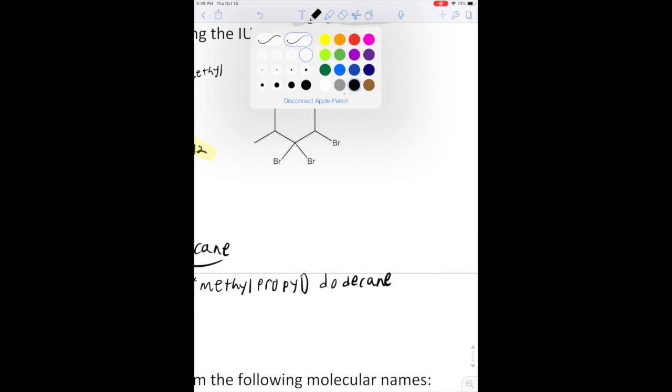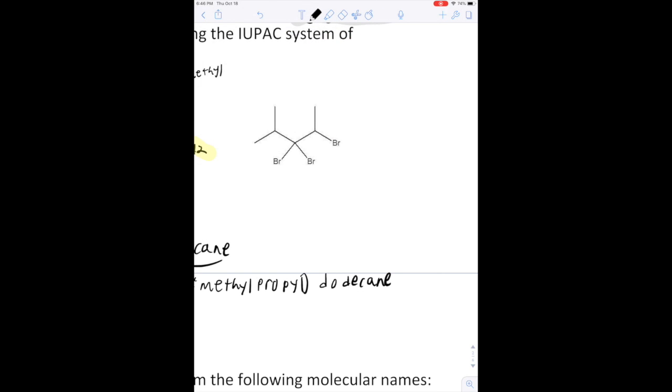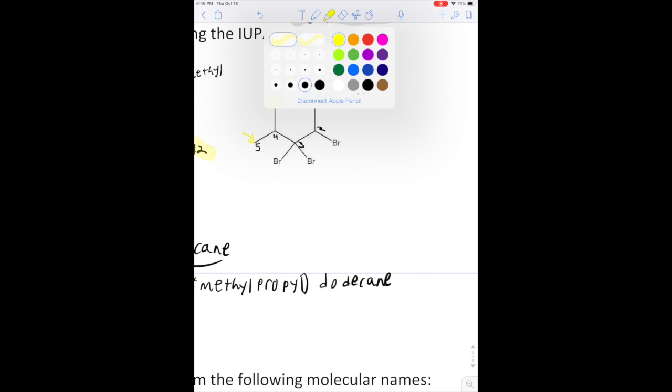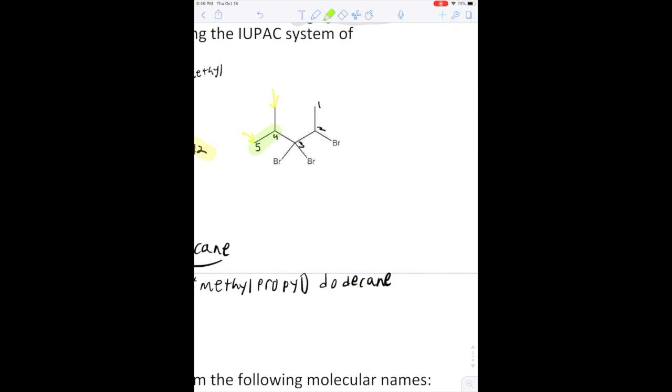Okay, hopefully you started off by numbering your chain from this direction here. You must be asking me, why didn't I start numbering this chain from here or here? Automatically, if I started numbering from here, I would get a methyl. This would instantly get me this methyl group.